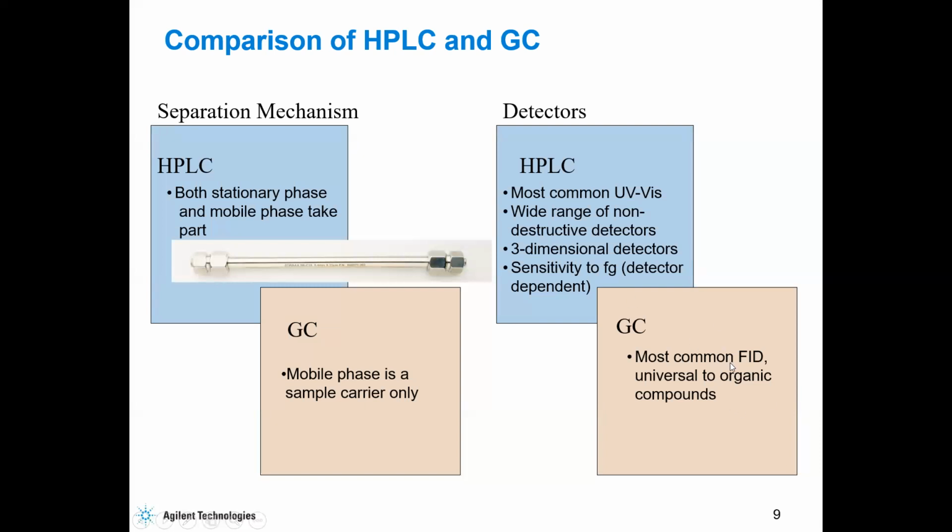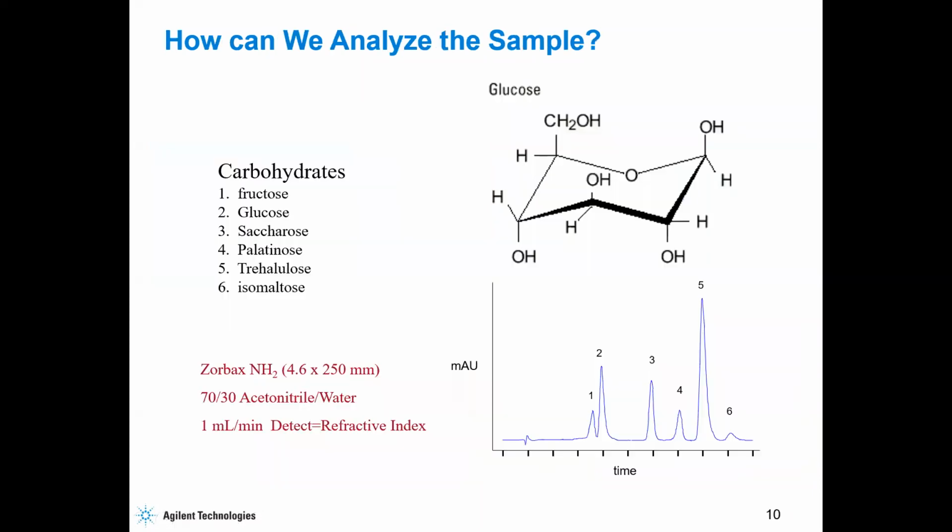But for GC, the most common detector is the FID, which is a destructive detector, and it is universal to organic compounds, just like your UV visible is also universal to most chromophores that will absorb in the UV visible region.